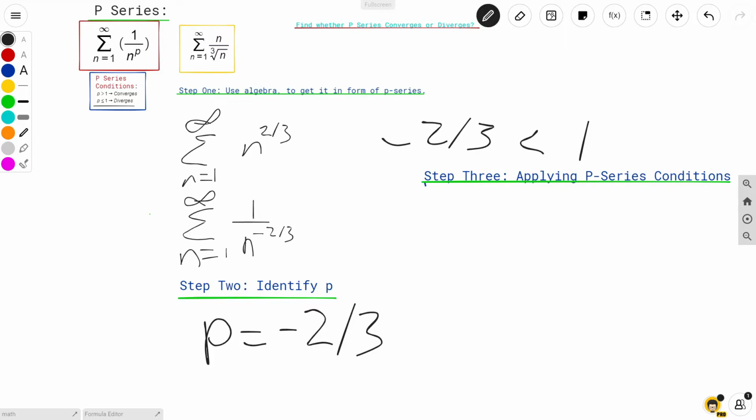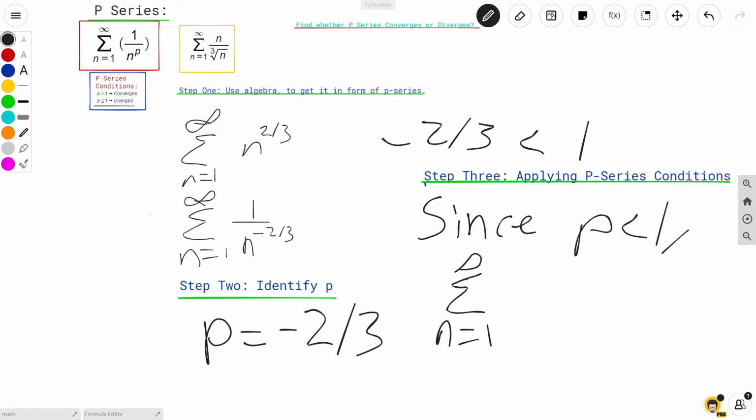So since p is less than 1, the series as n goes from 1 to infinity of 1 over n raised to the negative 2/3 diverges.